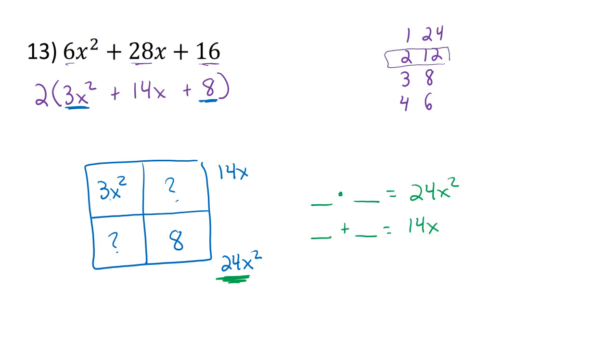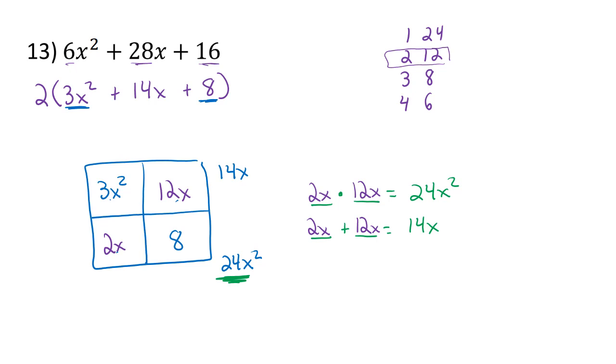So we're going to have 2x, 12x. So 2x times 12x is 24x squared. 2x plus 12x is 14x. So those numbers are going to go right here.